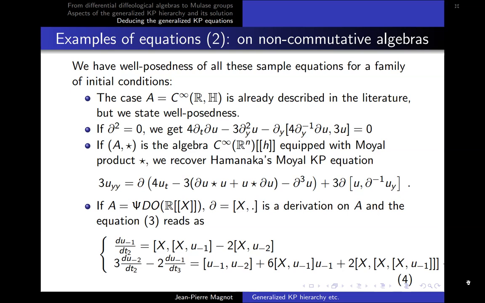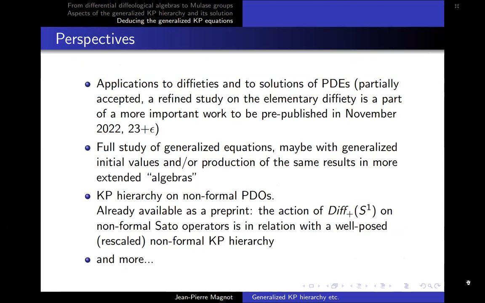So this last example was to stimulate the audience, let's say, by open questions, and I will turn to open questions now. Open questions that are in progress and in very big progress is the application to differentials.